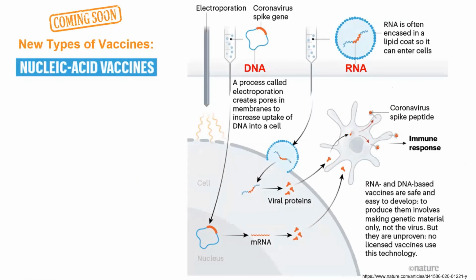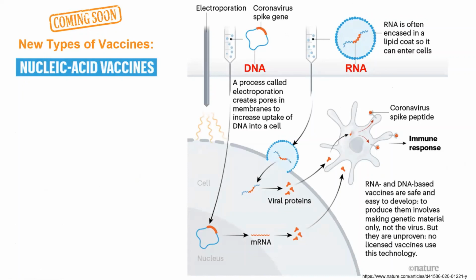But I want to talk about a couple of new types of vaccines that are making the headlines because they're in the news dealing with COVID-19. This is something that has been researched for a few years now in animals, called nucleic acid vaccines.